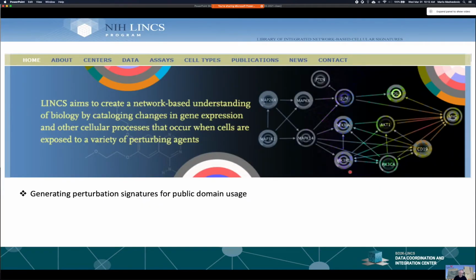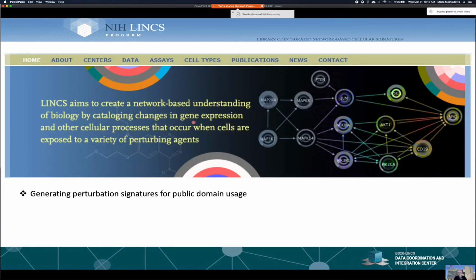So the data that I will be using came from this project. Not quite sure if you have heard of it by now. It's becoming more known, but it's still somewhat obscure probably. It is the NIH LINCS program, which was a big consortium aimed at creating a network-based understanding of biology and so on, right?